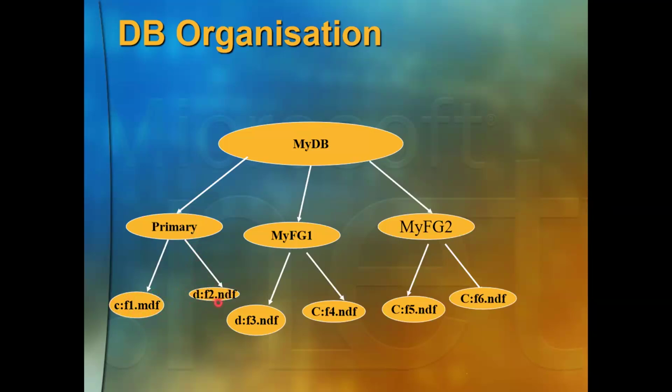That is why it is called .ndf. It is to differentiate. M stands here for metadata, the main metadata file. And what is the recommendation? SQL recommends that you create secondary files so that user data can be stored there.